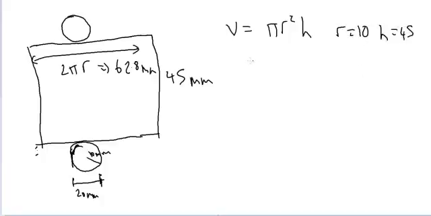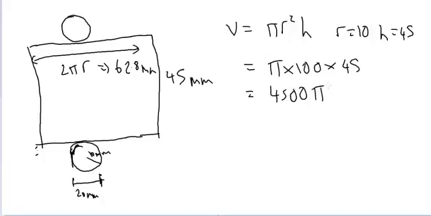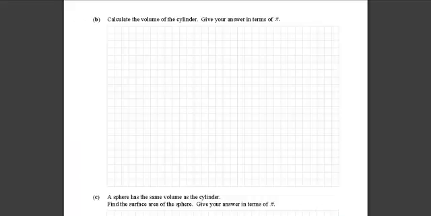So then the volume is equal to pi times 100, because r squared is 100, times 45. So that's going to be 4500 pi millimeters cubed. So that's part B. So it says give your answer in terms of pi.